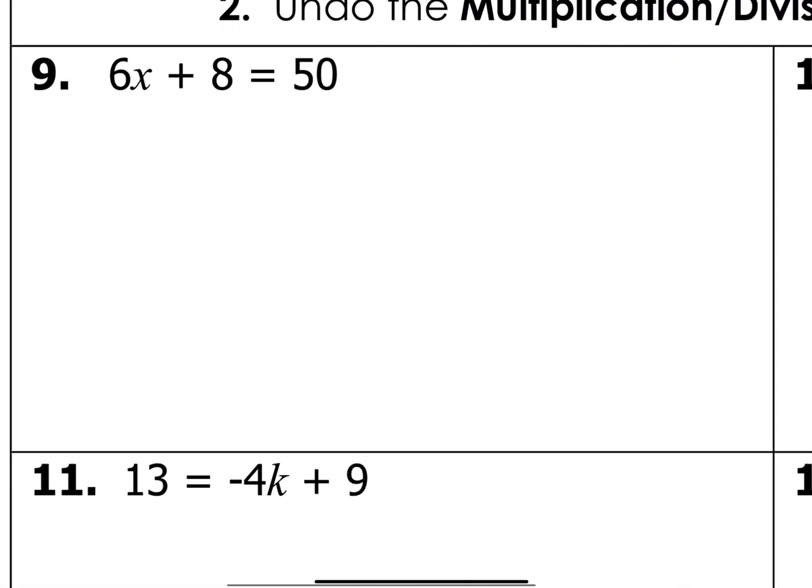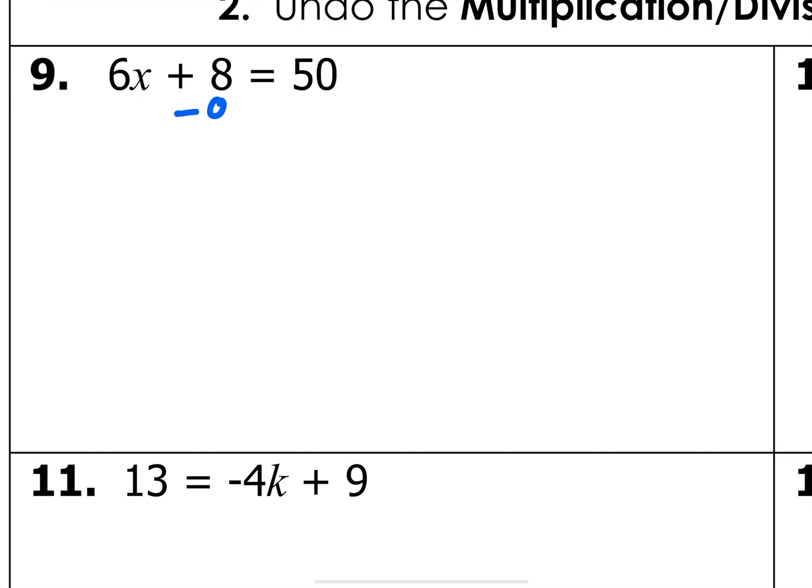So number 9, step 1, remove the constant. Here's our constant, positive 8. I need to make positive 8 become 0. Minus 8 from each side. Remember, whatever you do to one side, you need to do to the other. On a side note, you'll see me kind of draw a line through the equal sign to remind us that there's a wall there. I can't just move stuff.